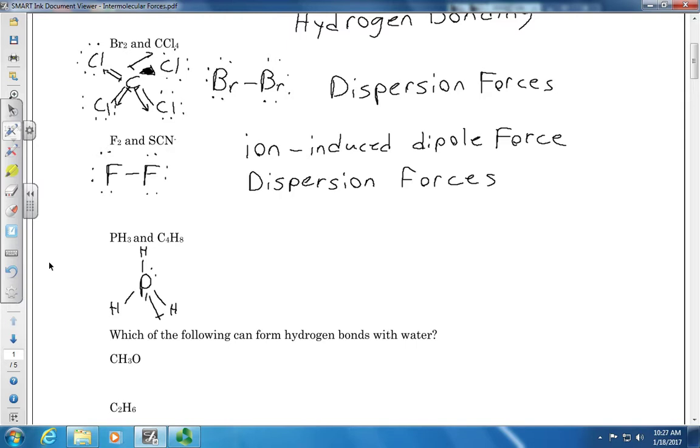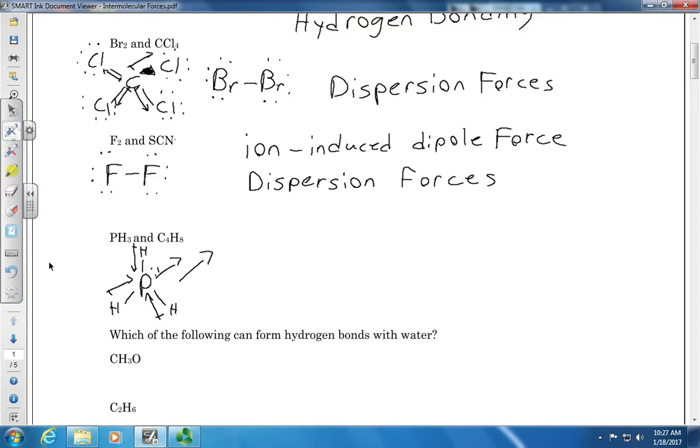And if we were to write out our dipoles, it's going from hydrogen over to phosphorus, but you have this lone pair pulling it this way. So the resulting dipole is going to be in this direction. That's our resulting dipole.